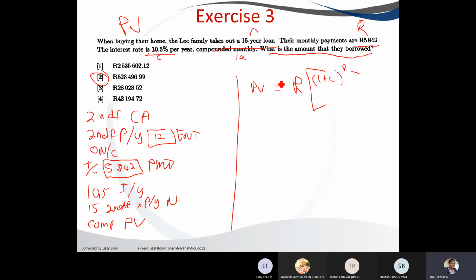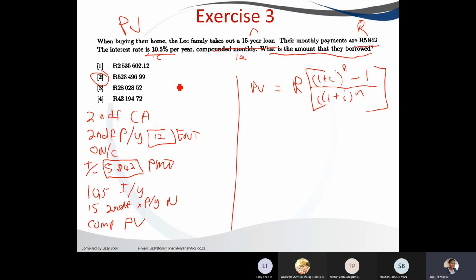1 minus (1 plus I) to the power negative N, divided by I, and we substitute the values.